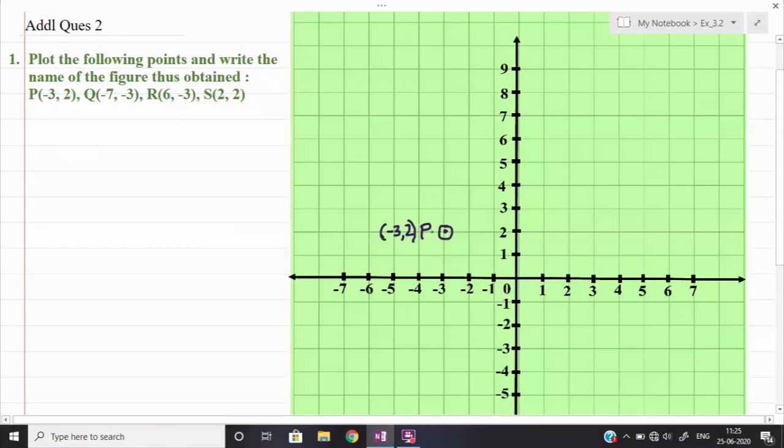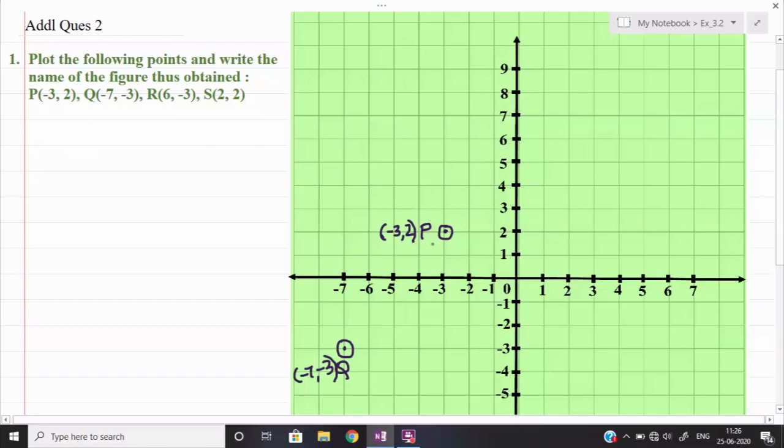Look at the second one, Q (-7, -3). So for Q, -7, I am reaching here, right? Because -7 is the x coordinate, and from -7 I will go down till -3. So this is my second point, Q, and the coordinate of Q is (-7, -3).